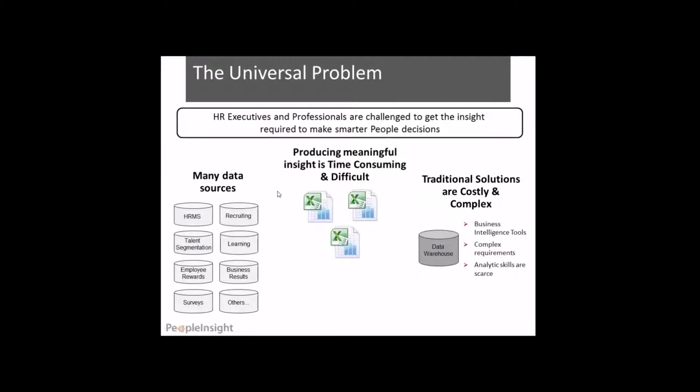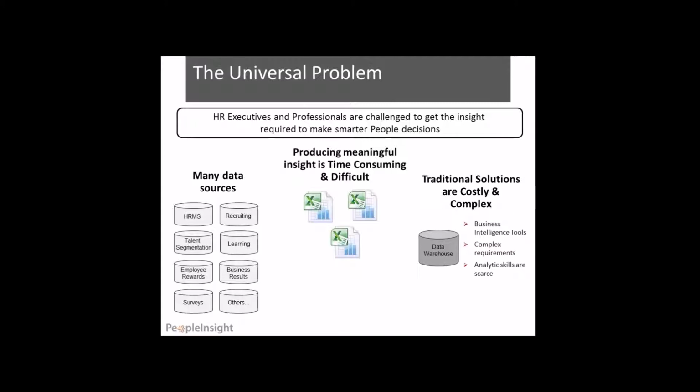As you can see here on the left, when I talk about many data sources, that can be sources of data like HRMS systems, whether that's an ERP like PeopleSoft, SAP, Workday, etc. And then all the other systems around it, whether it be your performance management, talent system, recruiting, learning, etc. Now there are some organizations that have more and more of these areas within one HR platform.